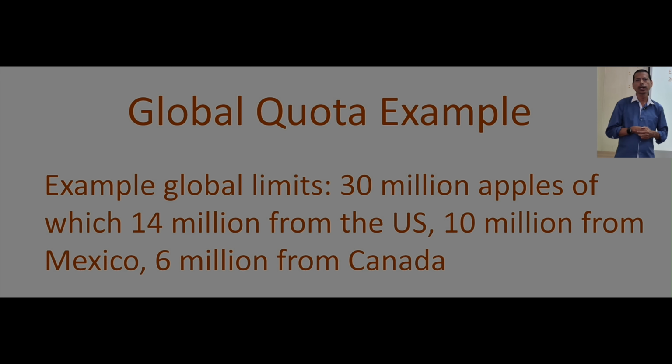But global quotas create practical problems. Importers rush to ship goods early in the year before the quota is filled. Those who arrive first capture the market. Those who arrive later may be completely shut out. Distant exporters are also disadvantaged because their shipping times are longer.